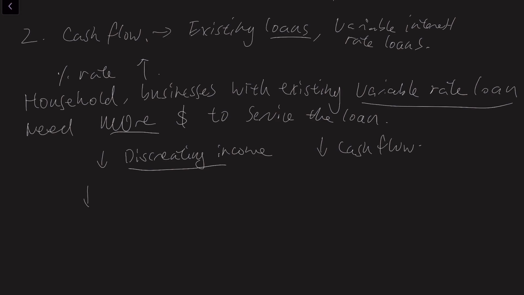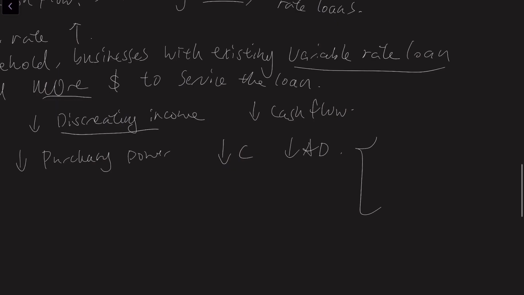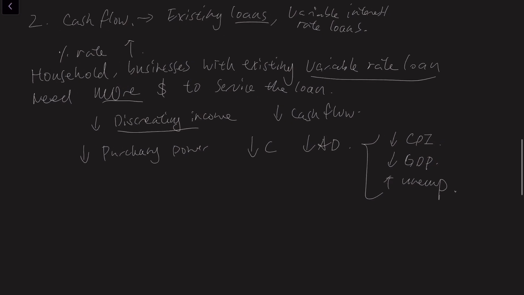So they have less purchasing power, thus less consumption, less aggregate demand. So less aggregate demand decreases CPI. Decreases inflation, decreases GDP growth, increases unemployment. And this is what the government around the world is trying to do.